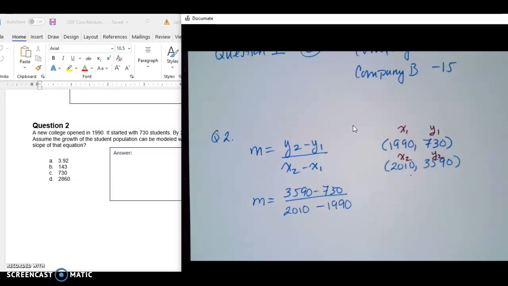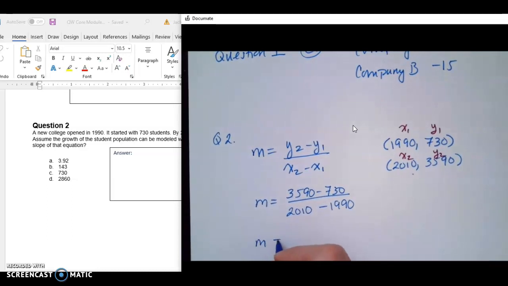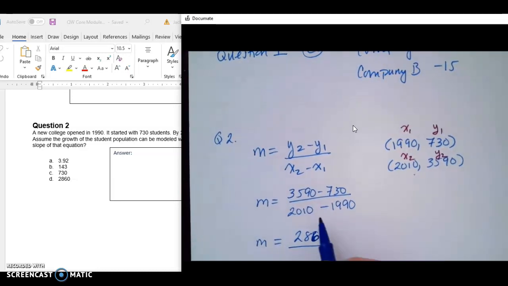All right, so subtracting the numerator, I have 3,590 minus 730. I'll write that underneath. That's 2,860 on top. And then for the bottom, that's over 20 years.